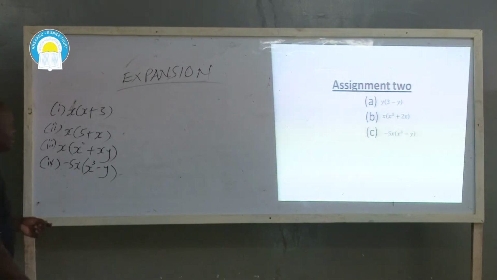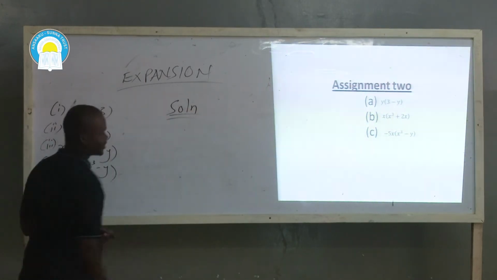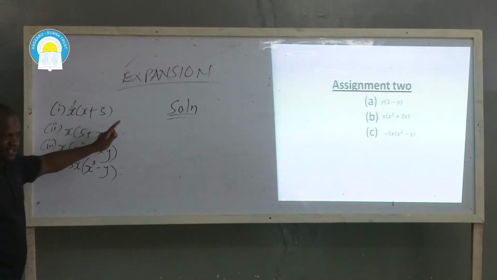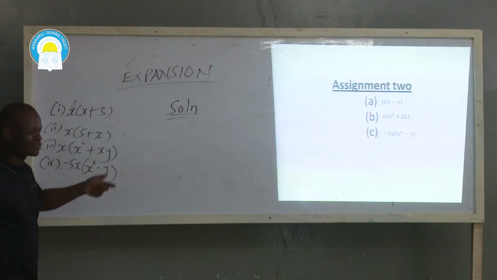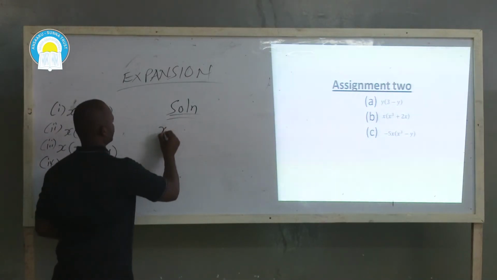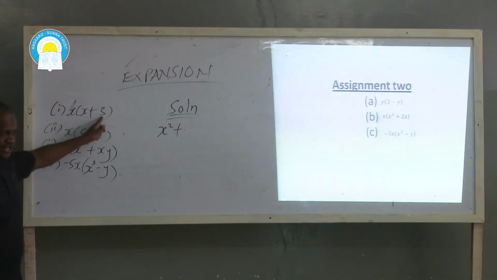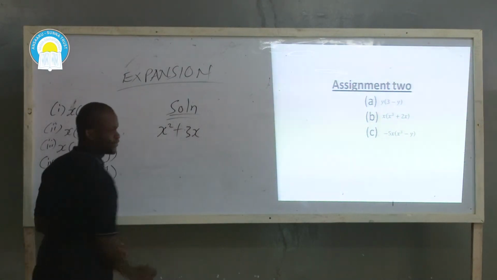Now, the first one, talk about the solution. We have x into x plus 3. What does it mean? x by that x to give you x squared. Then x times 3 to give you, of course, 3x.